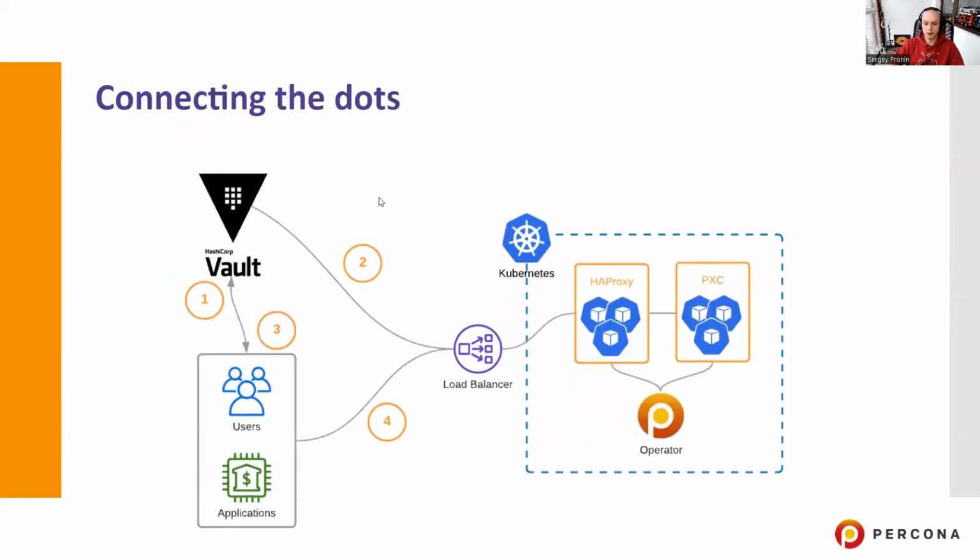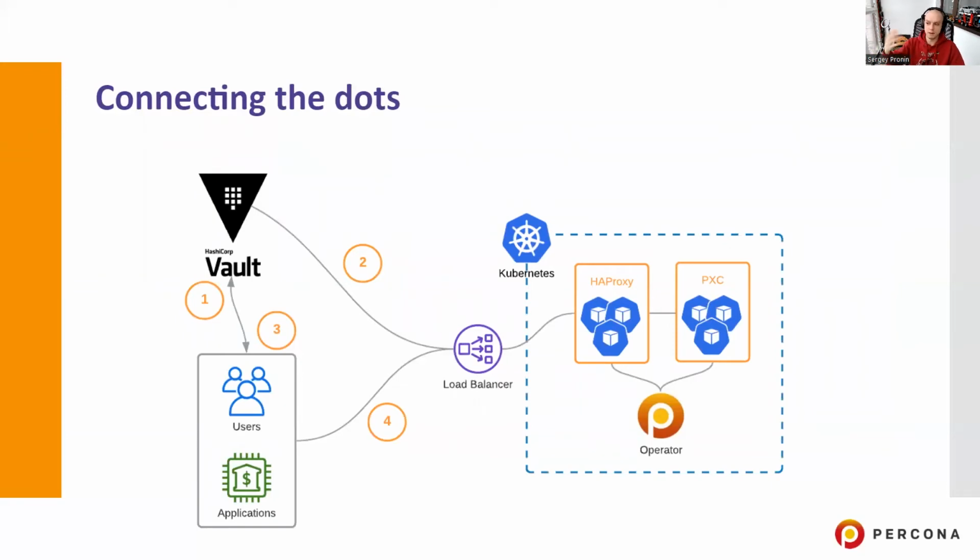And now let's talk about connecting the dots, right? You see the numbers 1, 2, 3, and 4 here. The way it's going to look is, users and applications go to HashiCorp Vault and ask for credentials.